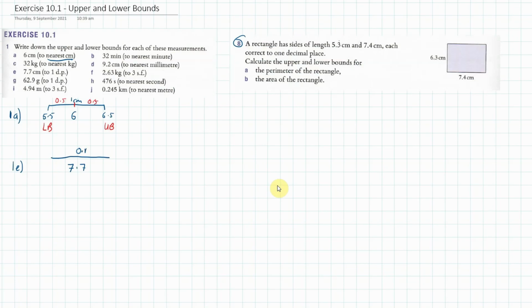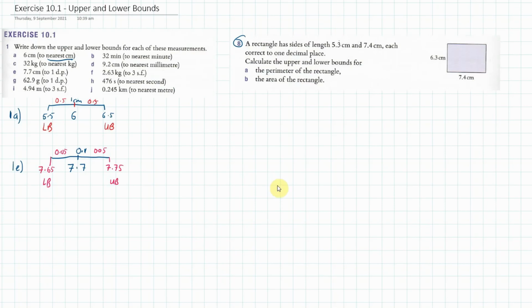So we're going to split that 0.1 up into 2 parts, which means that on this side we're going to have 0.05 and on this side we're going to have 0.05. So the lower bound therefore is going to be equal to 7.65, since if we go 7.7 take away 0.05, that's what we'd get, and then if we add 0.05 on, we should get 7.75 as our upper bound.